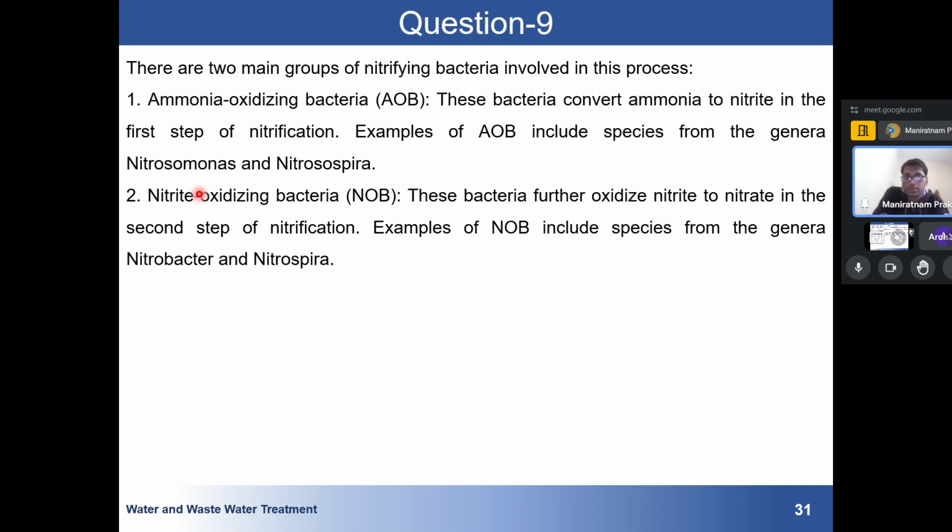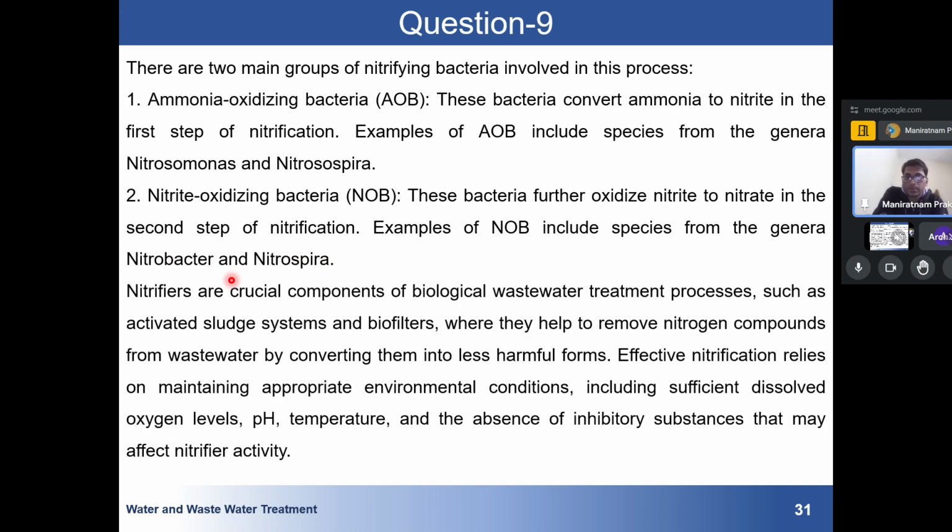They can ask what bacteria are involved in nitrification or denitrification. The second group is nitrite oxidizing bacteria, which further oxidize nitrite to nitrate in the second step of nitrification. Examples of NOB are the genera Nitrobacter and Nitrospira. You should remember the names of these four bacteria.